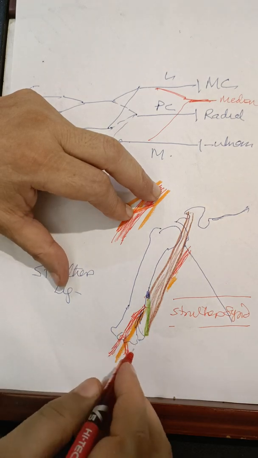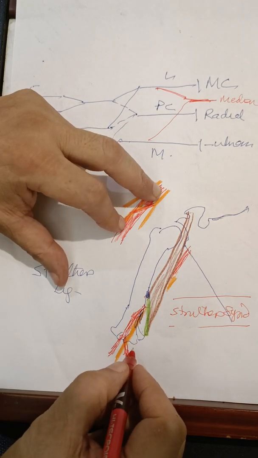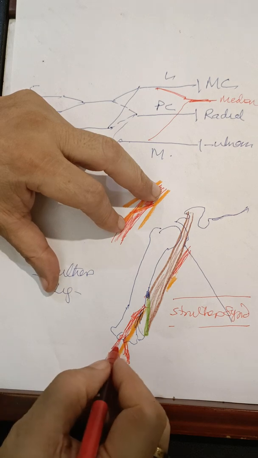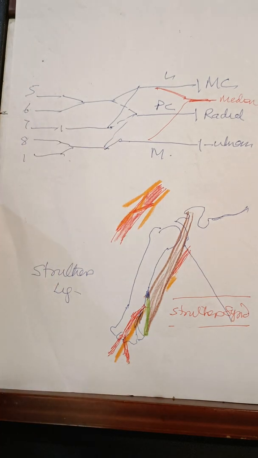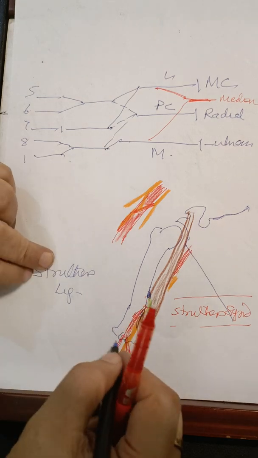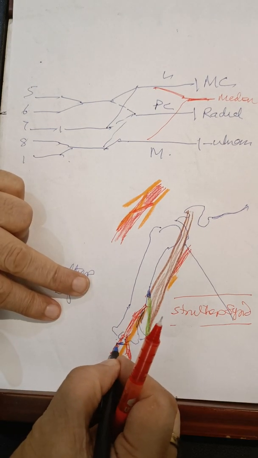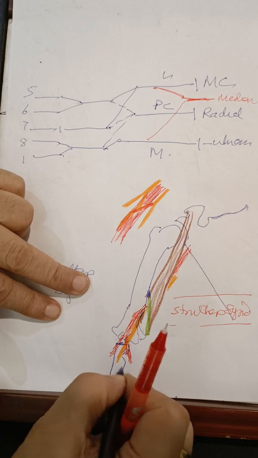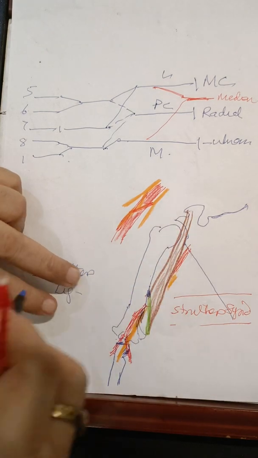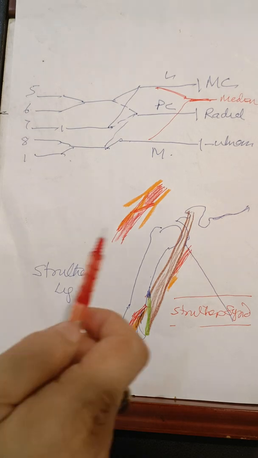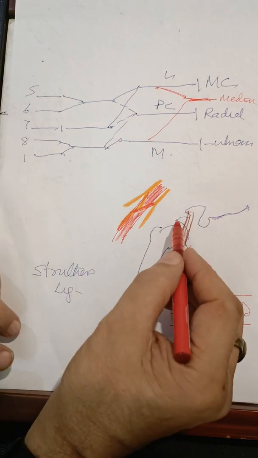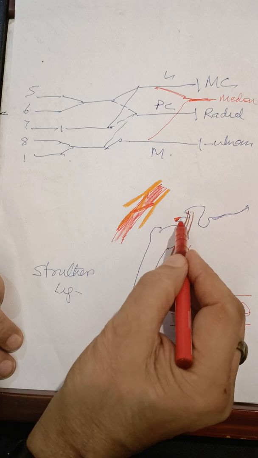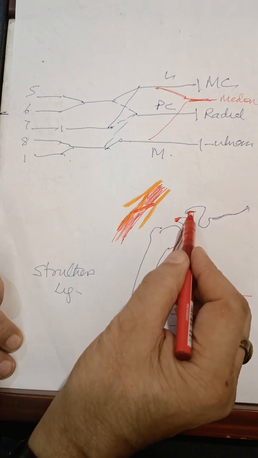Now, the second important site is that here you will have the radius and the radial tuberosity arising from the long and the short head, long head, supraglenoid tubercle, short head, coracoid process.